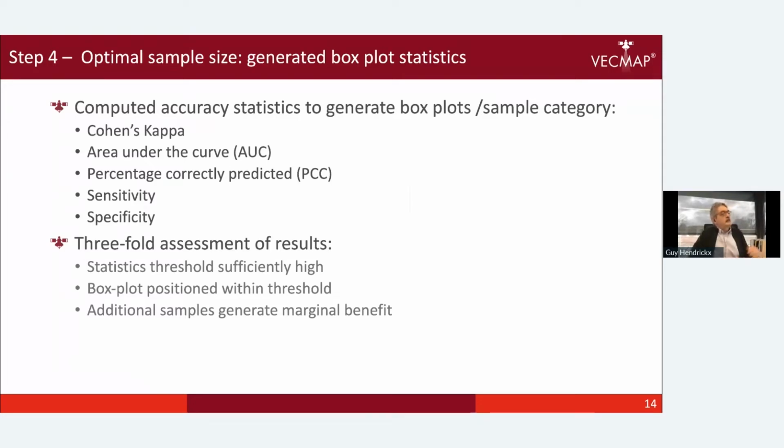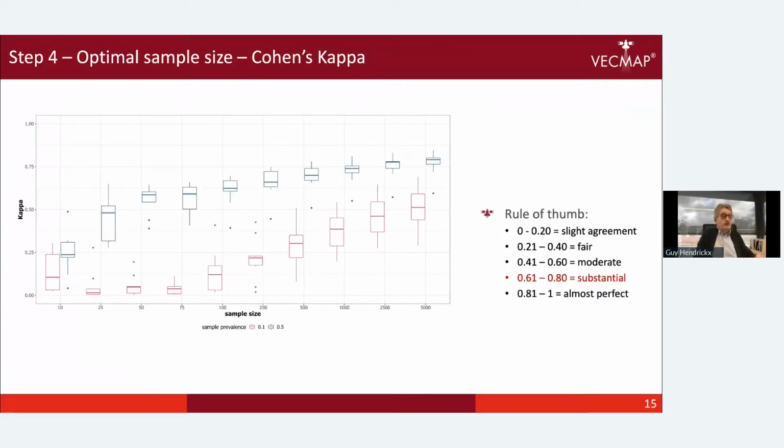First, what kind of threshold is sufficiently high for each statistic? This is known from literature. Then, how do our box plots behave within these graphs, and would additional samples generate more benefit? From which stage on do we have marginal benefits? This is the first output.